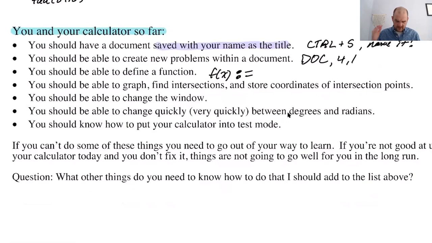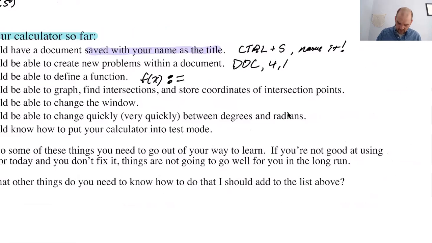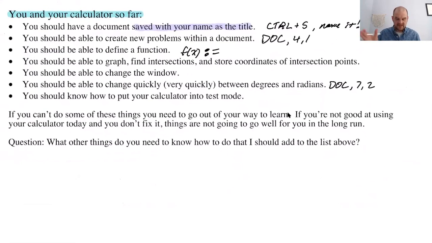Change a window, that's in the video. Doc 7.2 for radians to degrees. Doc 7.2, make your change and press enter. Or if you have a CX2, you can just arrow over it and click, and it'll change it. You should be able to see that in the top right corner. It'll tell you if you're in degrees or radians.